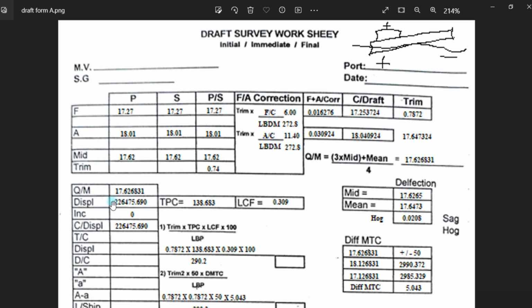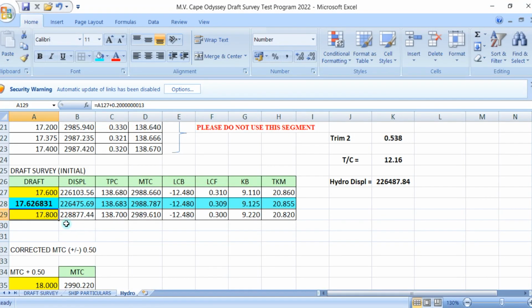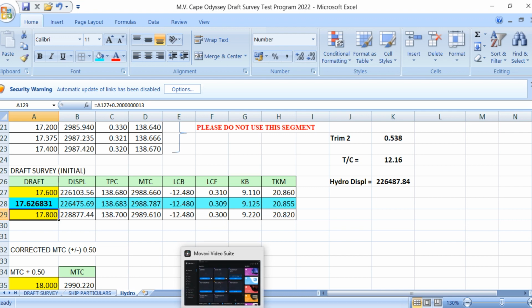So you will now get the displacement. What is the displacement of this quarter mean drop? We will check. Displacement is 22647569.